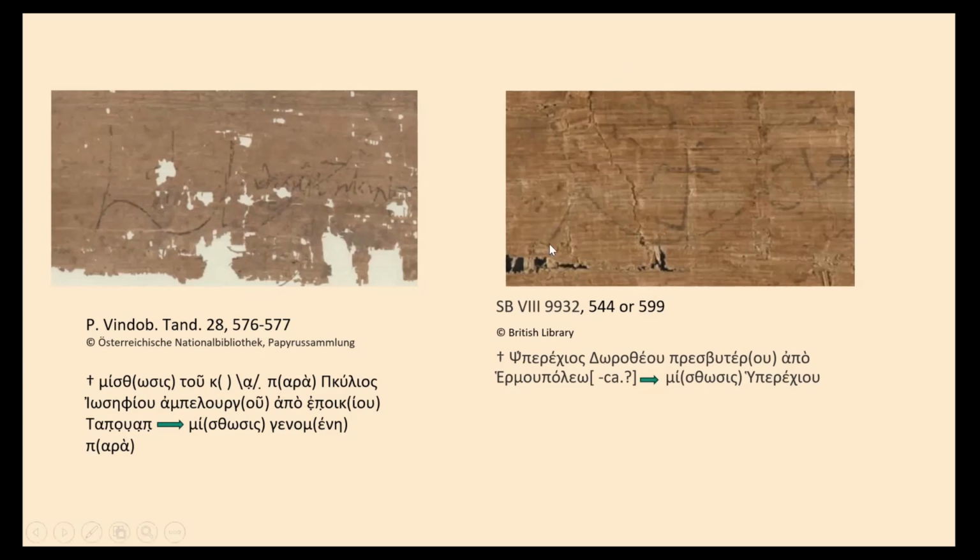In this document, the editor read Sperchios, even quite difficult to pronounce, while you can see here clearly the Misthosis abbreviation again with a symbol. So in reality, we are dealing here with the words Misthosis hyperhio.